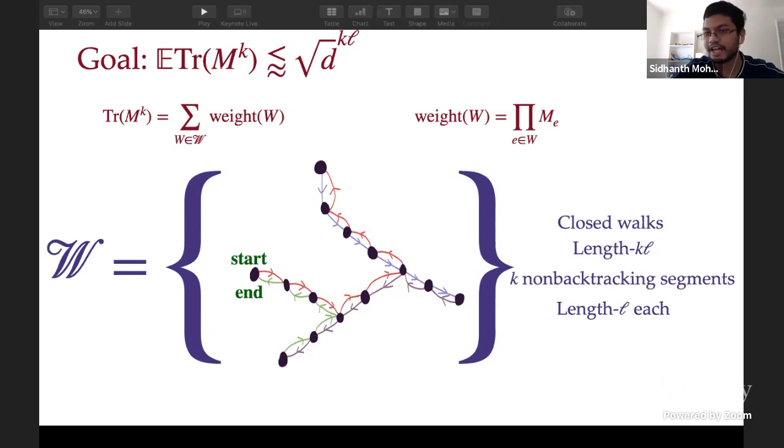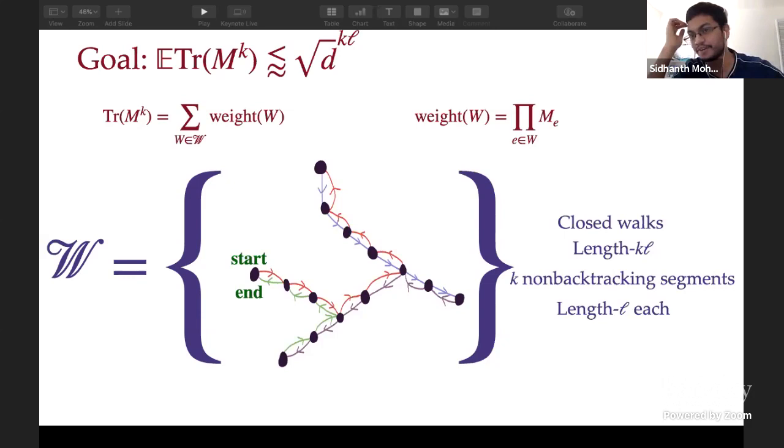Recall that M was the Lth non-backtracking power of a certain centered adjacency matrix. So the trace of M to the k is summing over closed walks of length k times L. And these closed walks have a very special structure. In particular, they're composed of k non-backtracking segments, each of length exactly L.